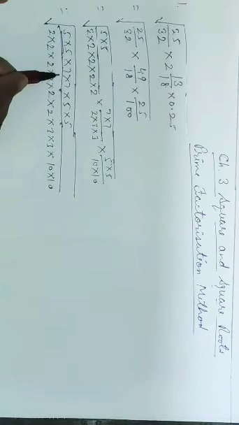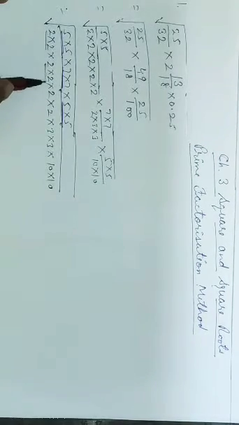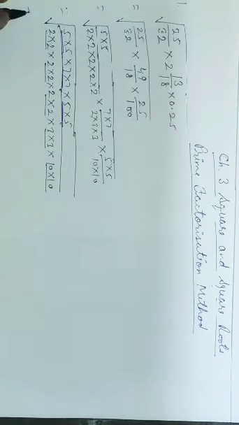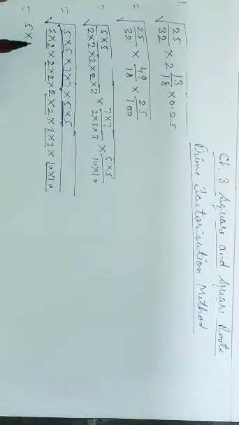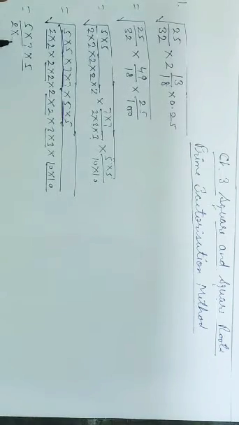First, 5 into 5, 7 into 7, again the next pair 5 into 5. Here for 2, we have 3 pairs of 2, 1 pair of 3 and 1 pair of 10. Now take out one number from each pair. So we have 5 into 7 into 5 in the numerator, and in the denominator 2 into 2 into 2 into 3 into 10.